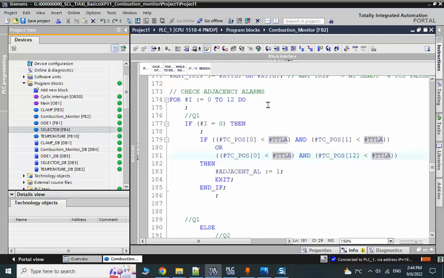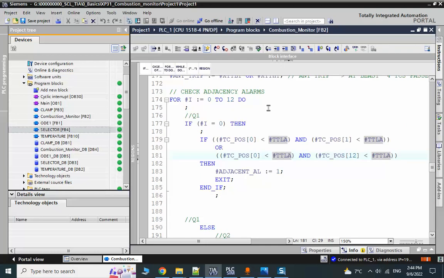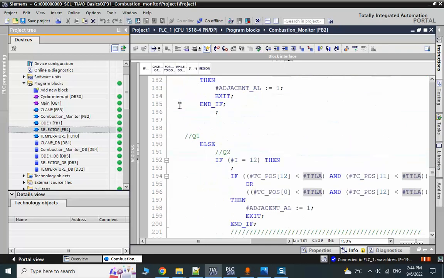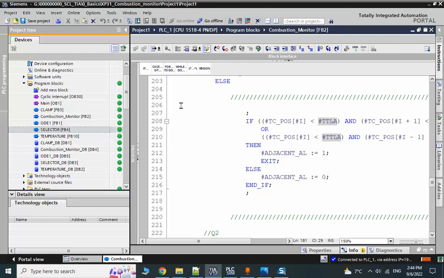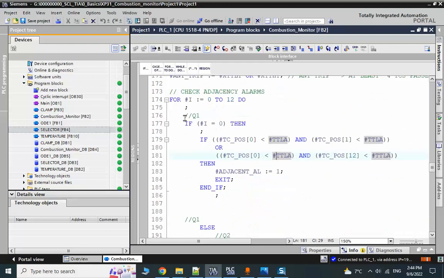So it's very similar to the ordinary alarm check, but we have a for loop here. It's a very complex for loop, but if you understand the adjacency and how to program adjacency, you are professional. You're getting professional in SCL programming.